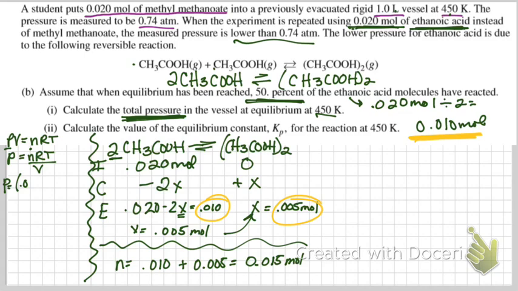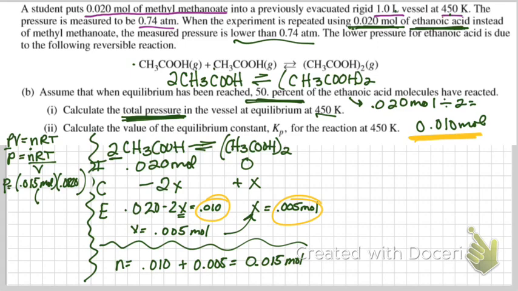There we go, catching up. Oh, of course, I'm going to run out of room. I'm going to multiply that by 0.08206. Please pretend I put all the units because I'm running out of room.